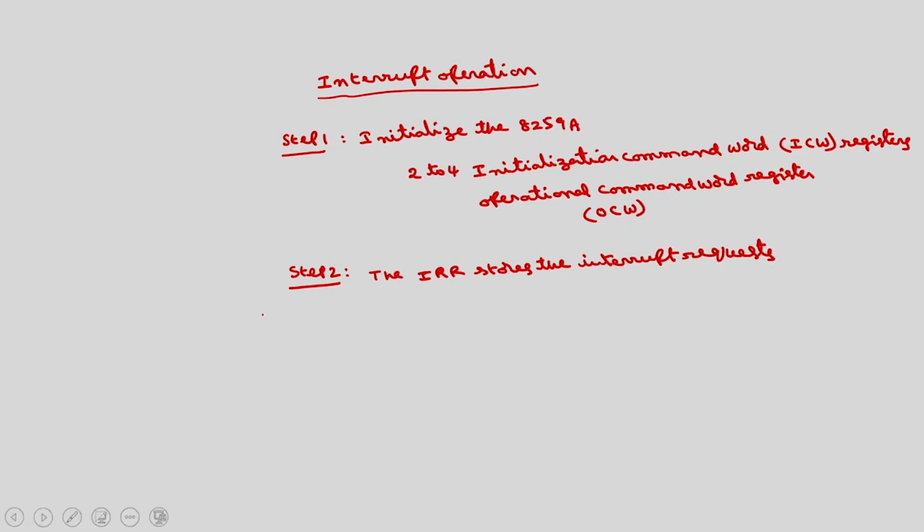The next step is the priority resolver. So, we have 3 registers in order: this is IRR, this is the priority resolver, PR, then we have ISR, the in-service register. Then here we have control logic which gives the INT and takes INTA bar.